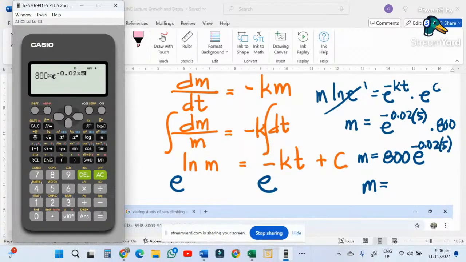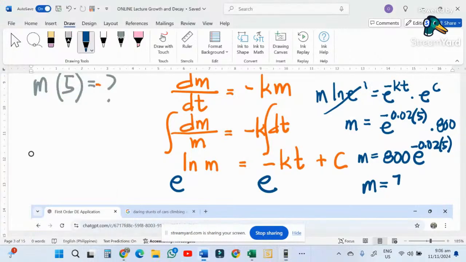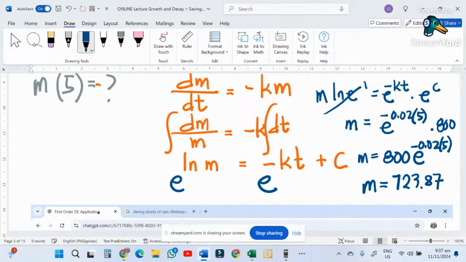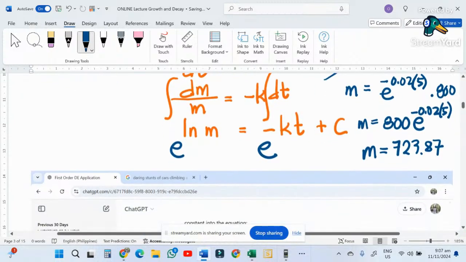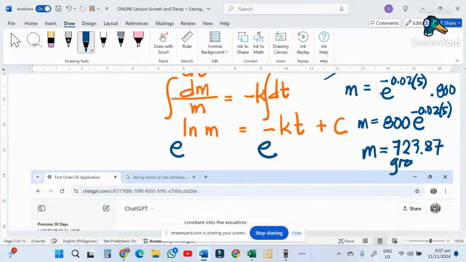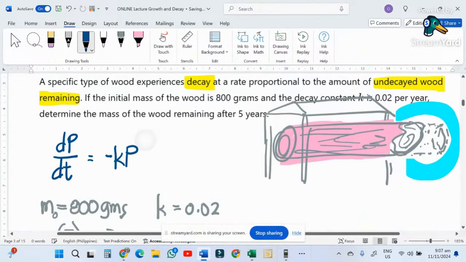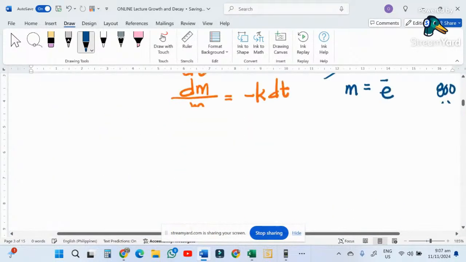See what we get. So it's 723.87. What is our unit? Was it grams? Does it say grams here? Yes, it does. So 723.87 grams.